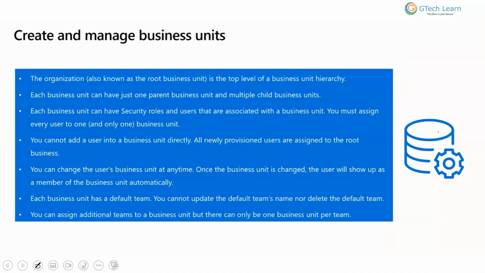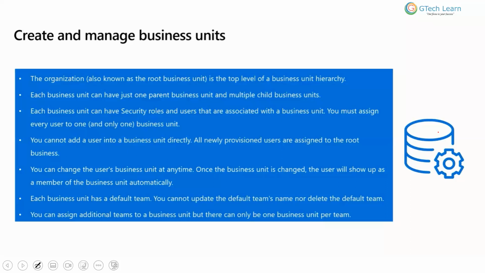We can also create levels of hierarchy inside that. For example, I can create a business unit for my sales department, my marketing department, my IT department, and accordingly I can create security roles for it, for which business unit the security role is available, and associate those users with it, and so on.